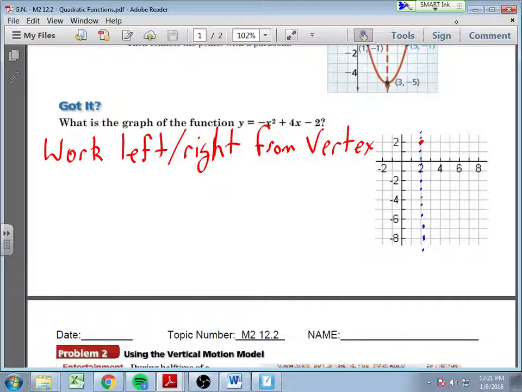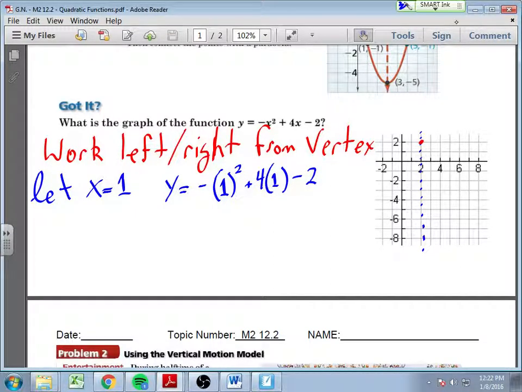So make x, or in math we normally say let x equal 1. I thought it was let x be 1. Yeah, I mean be is just another way to say equals. So you can say let x be 1 if you want. Then y will equal, well, the negative 1 squared plus 4 times 1 minus the 2.